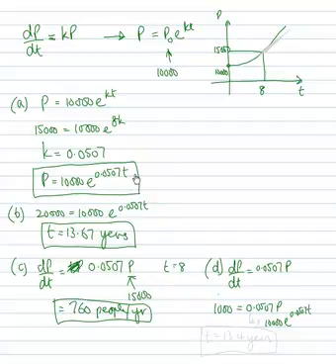So this times that. Easy enough to solve. So the time is about 13 years, so 13.4 years.